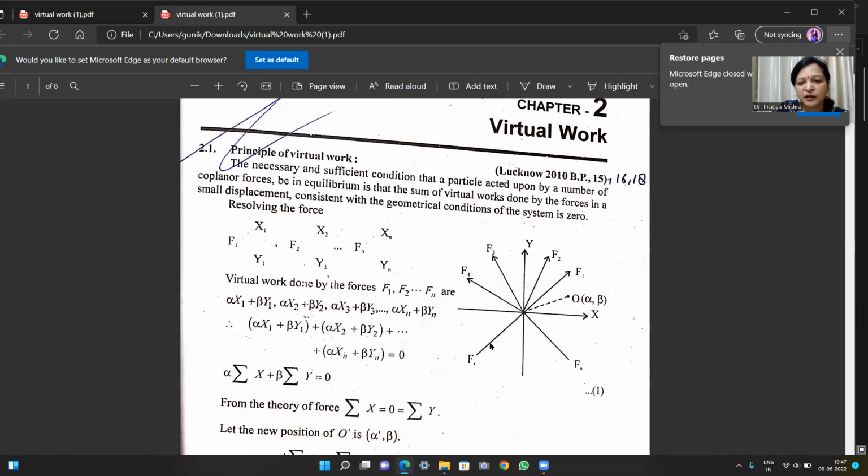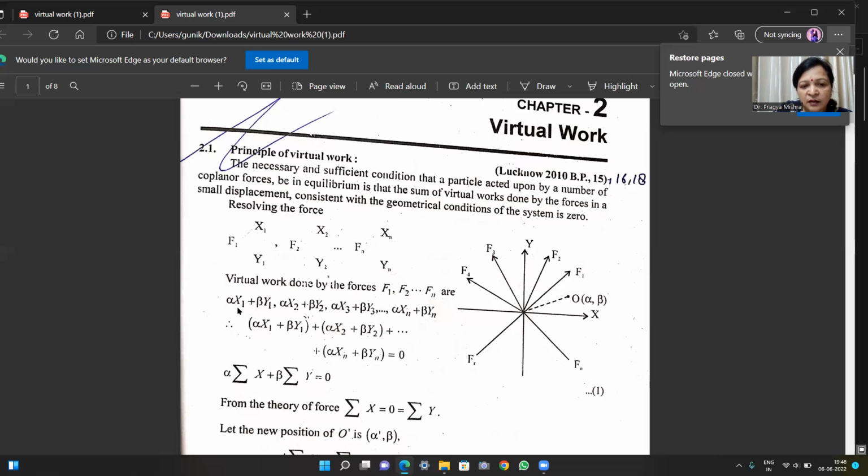Here F1, F2, F3 are the forces, and for F1, X1, Y1 are the components of this force along the XY axes. In the same way, X2, Y2 are the components of the force F2 along the XY axes. The virtual work is done by the forces F1, F2, Fn.